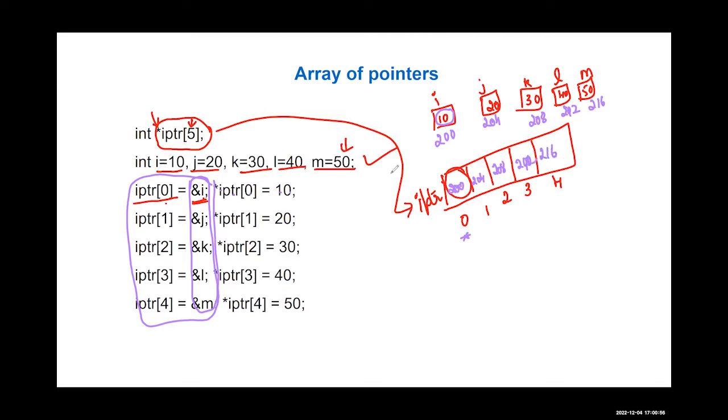So first I am declaring an array of pointers, then using this code I am populating that particular array with the addresses of the variables which I have also declared simultaneously in this code. Okay, so I hope this is clear. So when I say array of pointers, it is nothing but a simple array in which each element is a pointer, that is, an address.